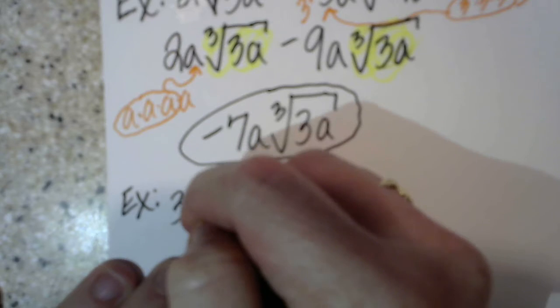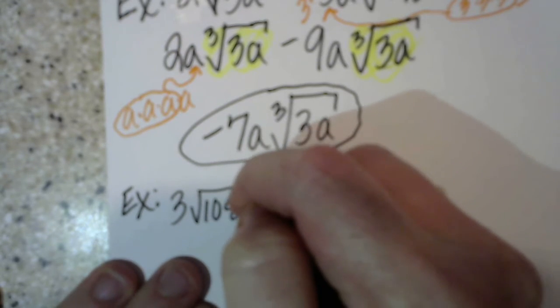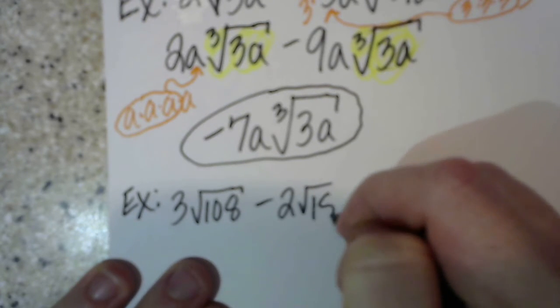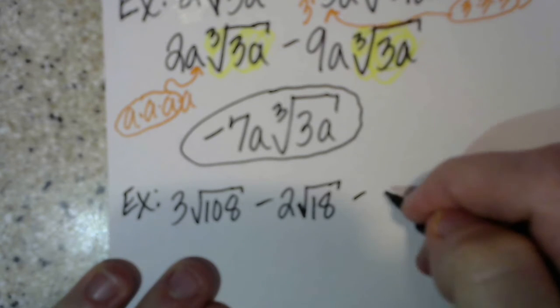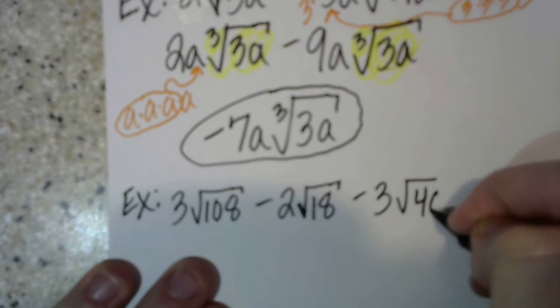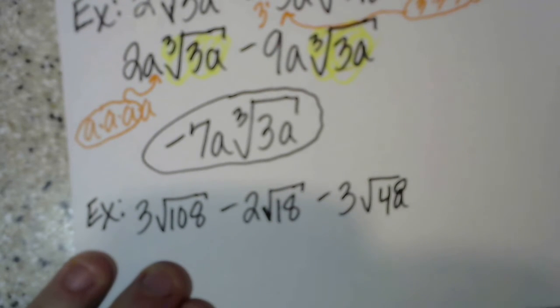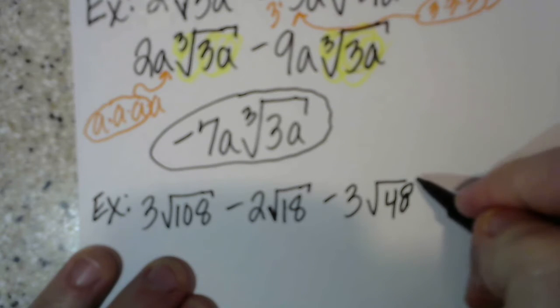All right, so 3 radical, or square root, of 108 minus 2 square root of 18 minus 3 square root of 48. Okay?